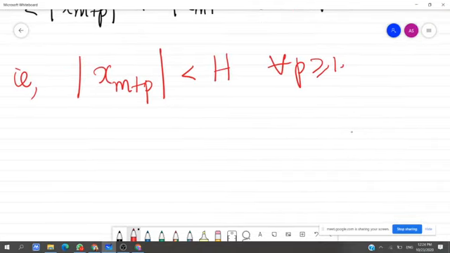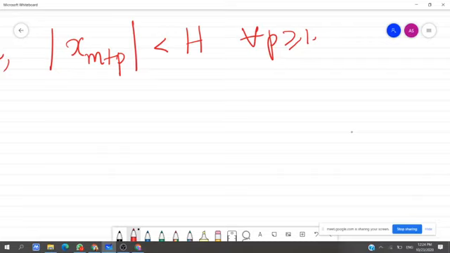And this represents infinitely many inequalities.